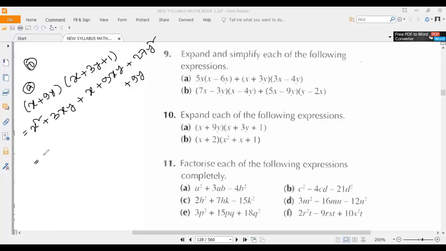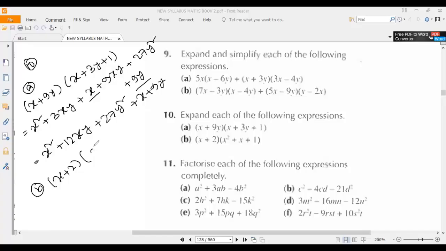So what will be the final answer? x square, 3xy plus 9xy, that will be 12xy, plus 27y square, plus x plus 9y. Done.